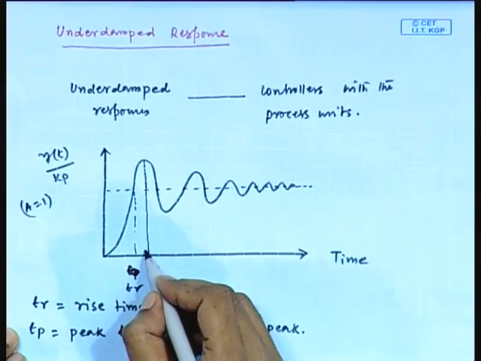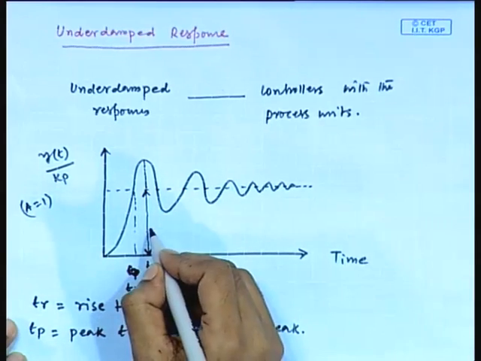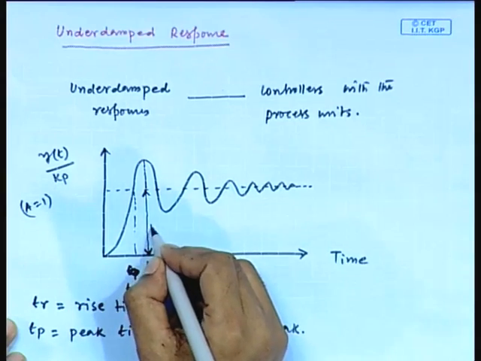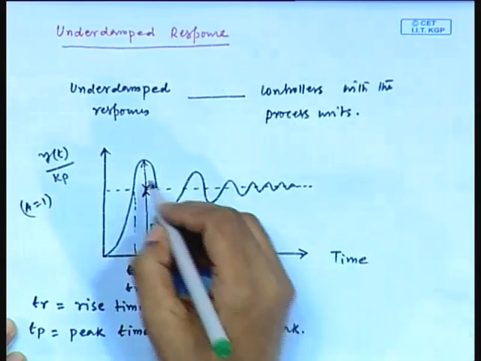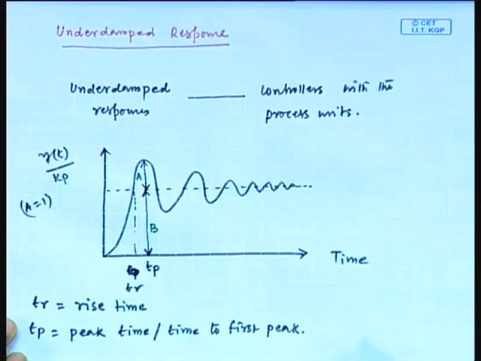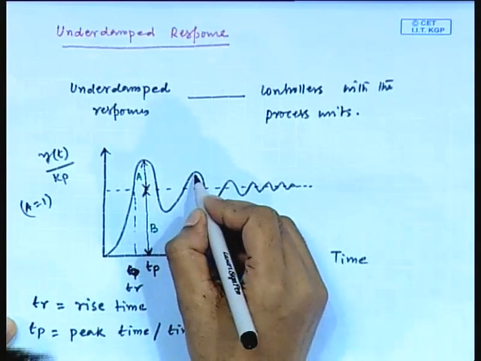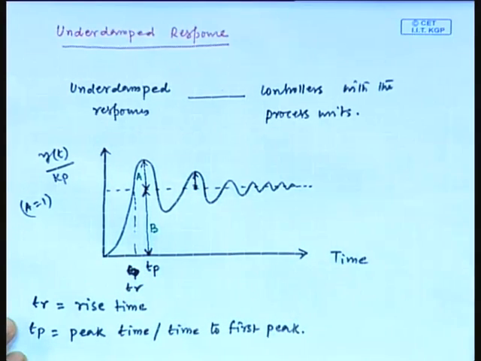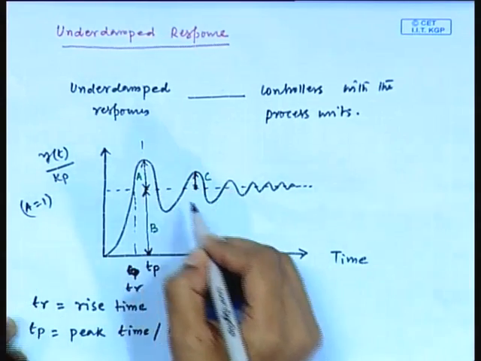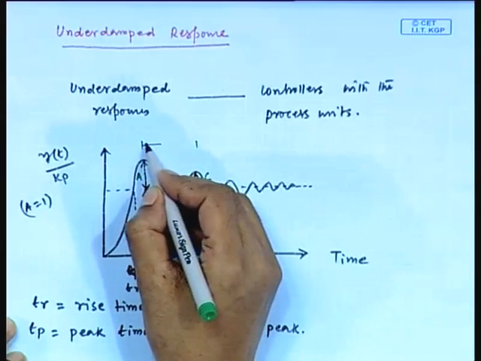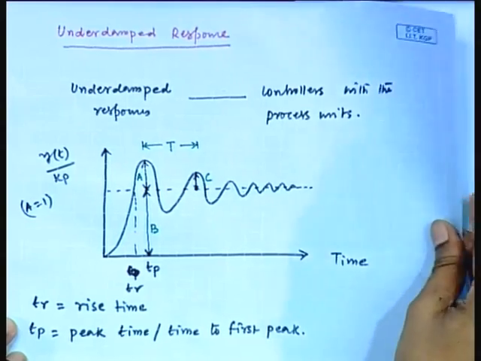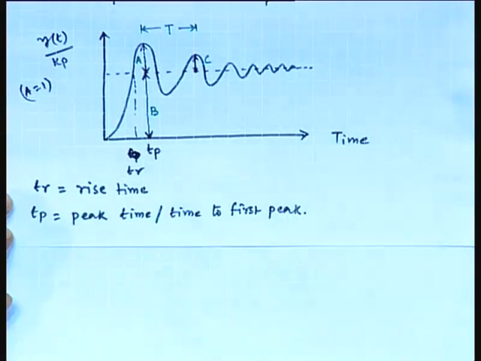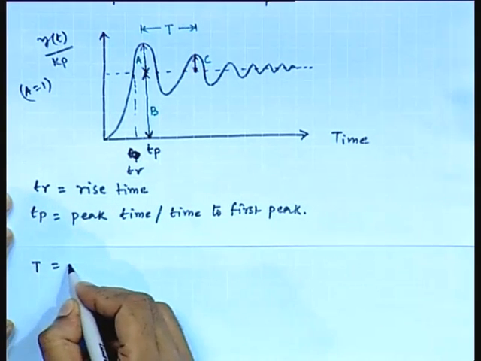This quantity is, suppose, B. And this quantity is, suppose, A. And this one is, suppose, C. This is the period represented by T. So, here T is the period.